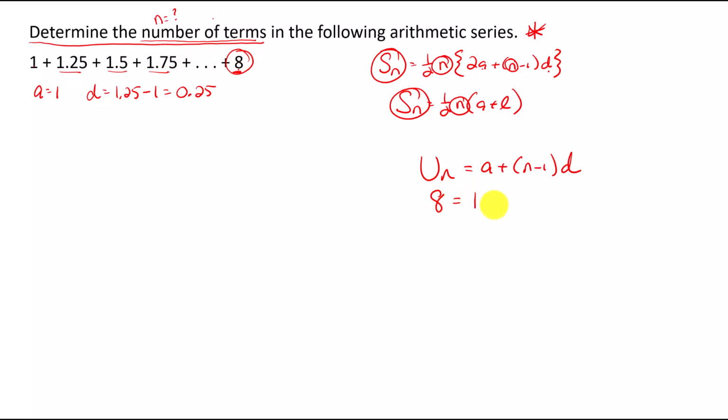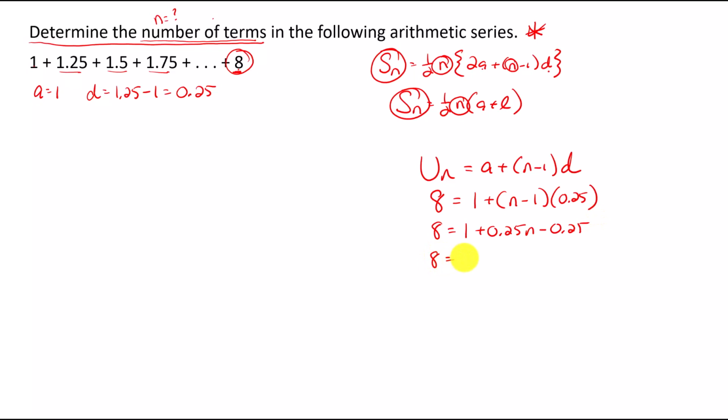And then we know that a is 1. n is what we're trying to find, so we leave it in. And d was 0.25. And you've done problems like this. I just want you to see that you have to be very careful now to determine which formula to use. And so now we can solve this. So we get 8 equals 1 plus 0.25n minus 0.25.